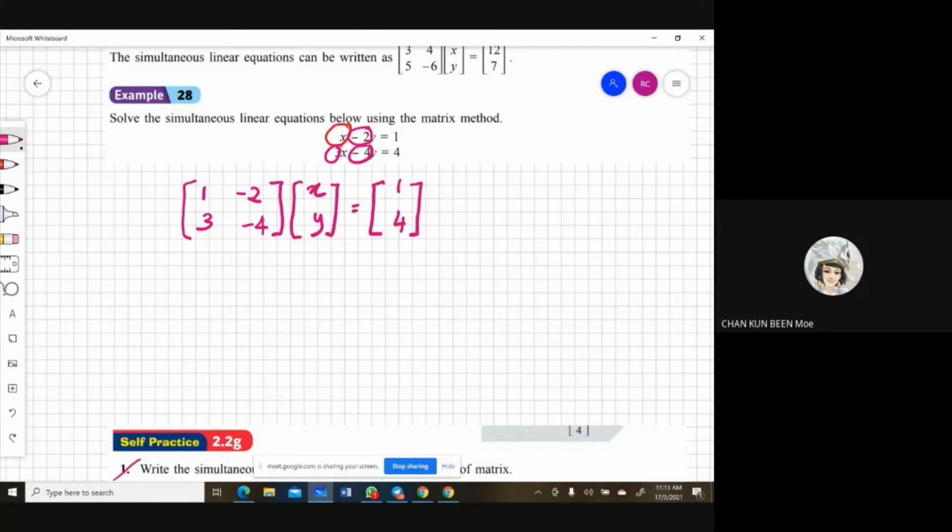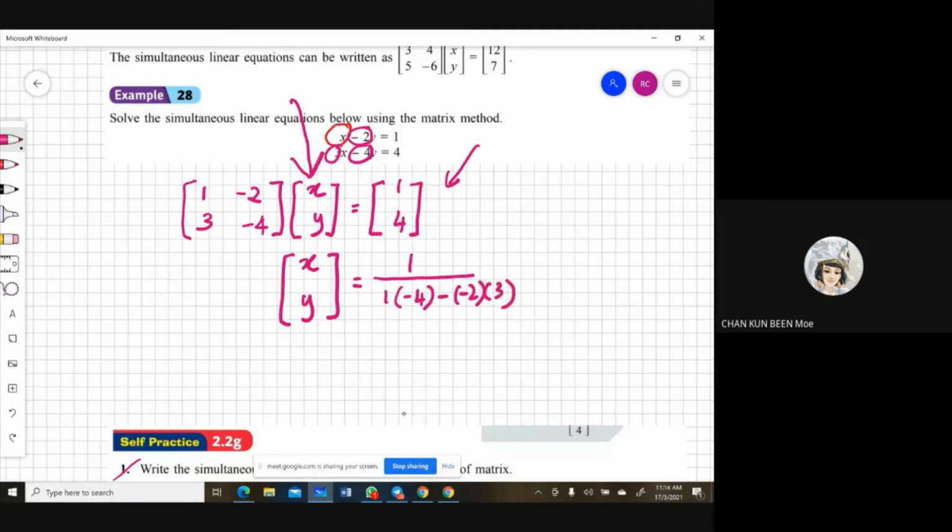Okay, next, they ask you to solve it. If they ask you to solve it, meaning that they want you to find out the value of x and y. So just now you have to apply what we have done earlier. We cannot write down the 1, 4 first. You have to look for the inverse. So the inverse is 1 over AD minus BC, which is 1 over negative 4 minus negative 2 times 3.